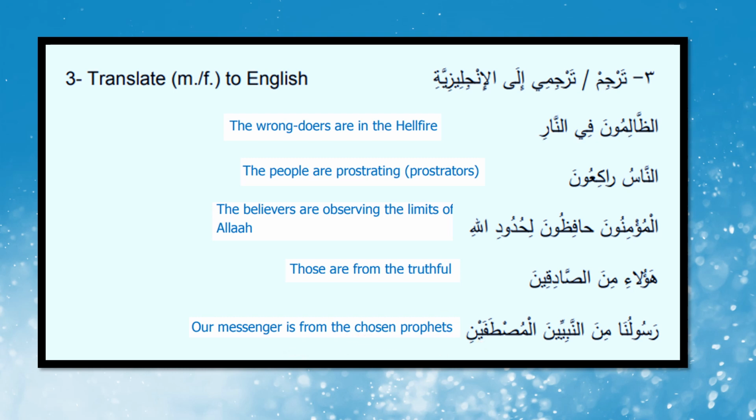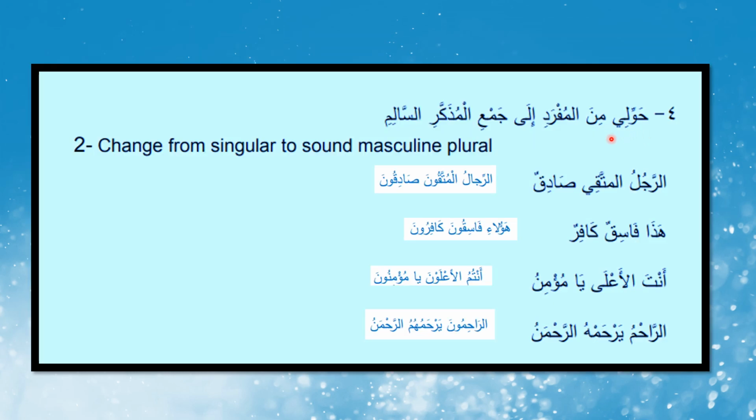Let's check another question. Change from singular to jama muzakkar. Ar-rajulul-muttaqi sadiq. So here is muttaqi. Remember the noun with the ya. So how do you make it into jama?